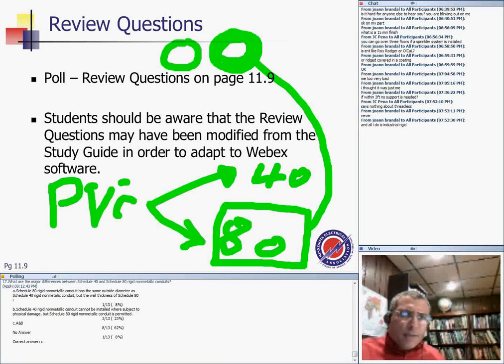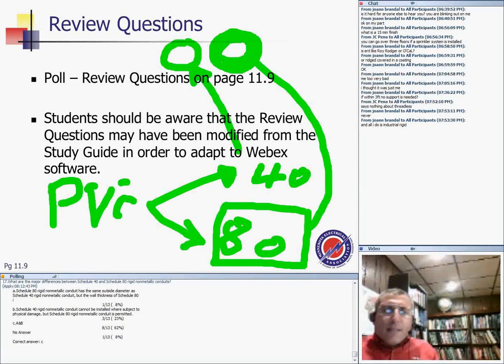So the outside diameter is the same, but the inside diameter is different. So you can fit the same fittings, but obviously the 40 can carry more conductors than the 80, because the 80 is thicker. Overall, the outside diameter is the same.